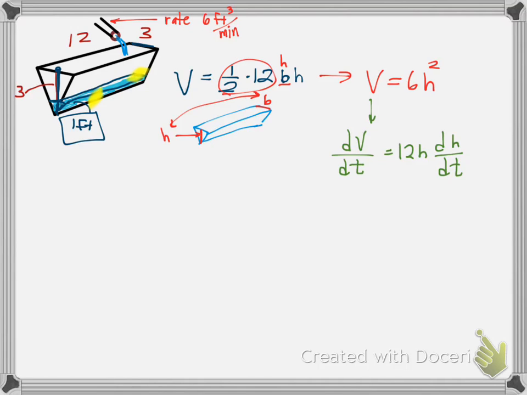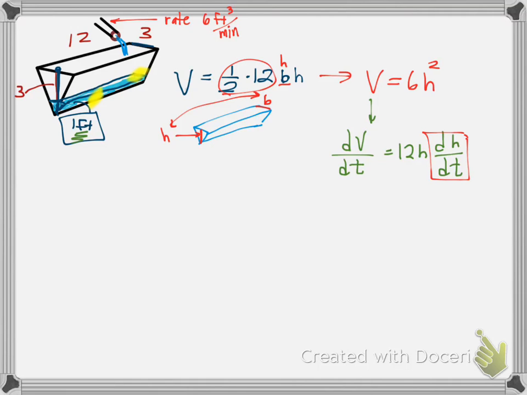And what I'm trying to figure out, again, we're starting at 1 foot here, is how fast the depth of the water is changing when it's 1 foot deep. So this is that value.